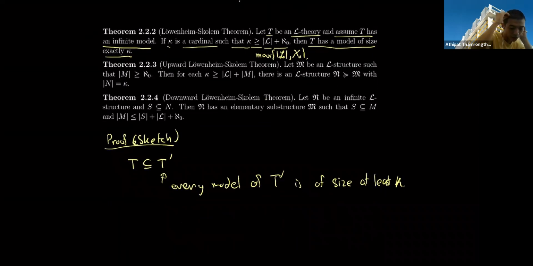Okay, so the idea is we're going to construct a model of T prime, which says that every model of T prime is of size at least kappa.